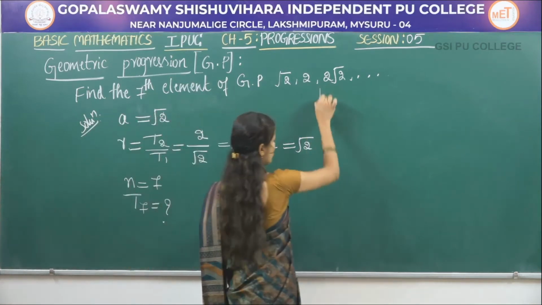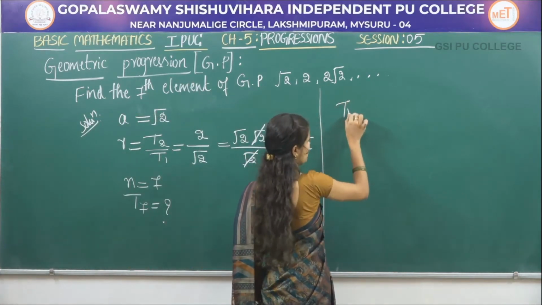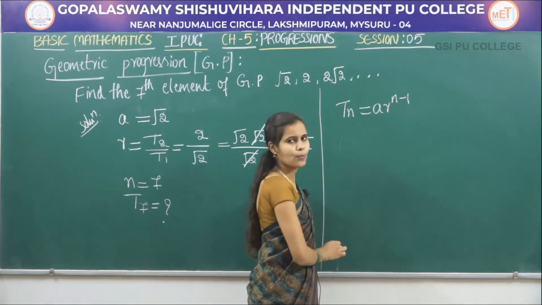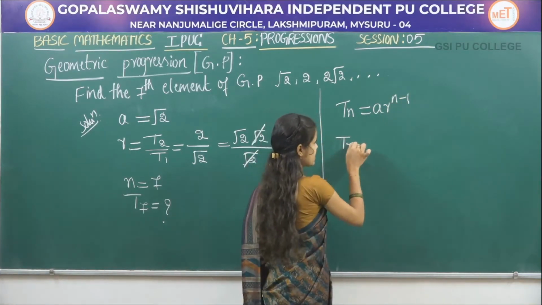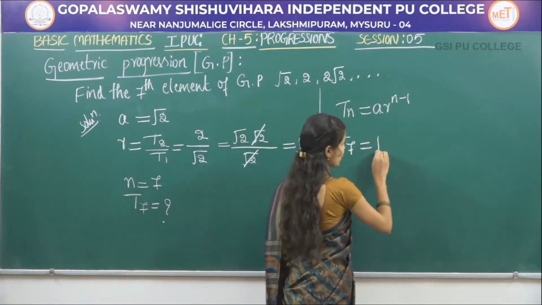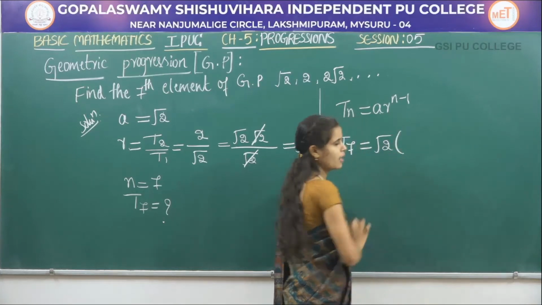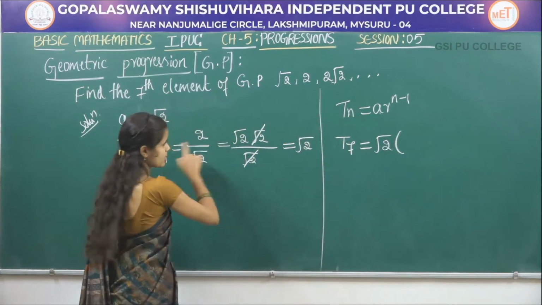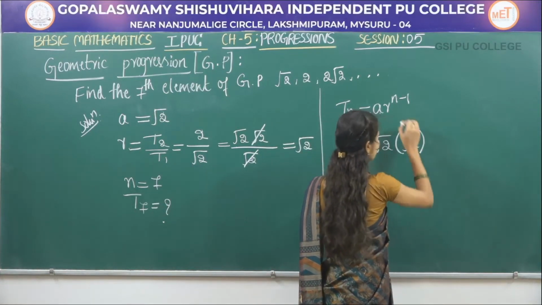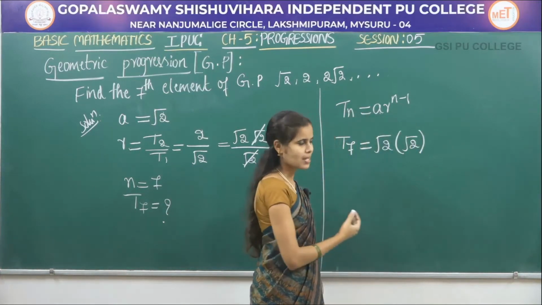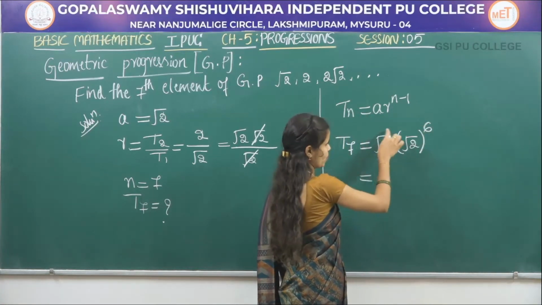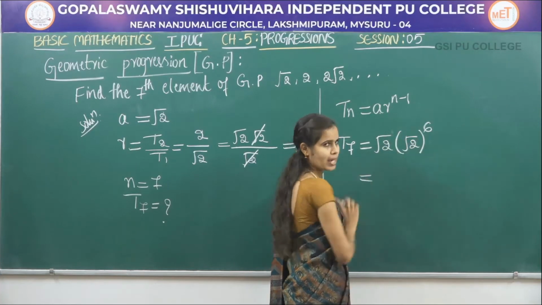Now consider the formula Tn is equal to A R to the power of n minus 1. We want T7, therefore n is equal to 7. A is root 2, into R, which is root 2, whole to the power of n minus 1. N is 7, and 7 minus 1 is 6. Here root 2 has power 1, and here root 2 is whole to the power of 6.